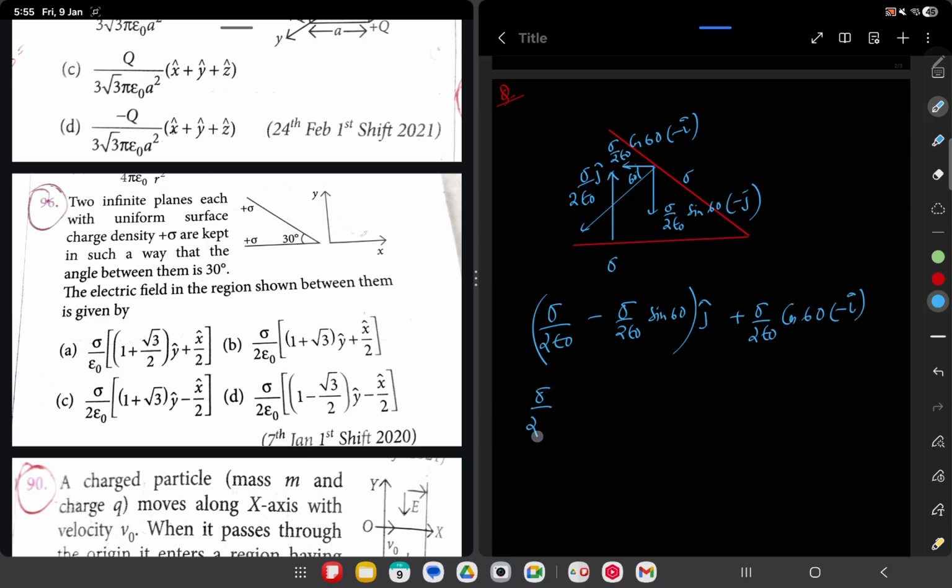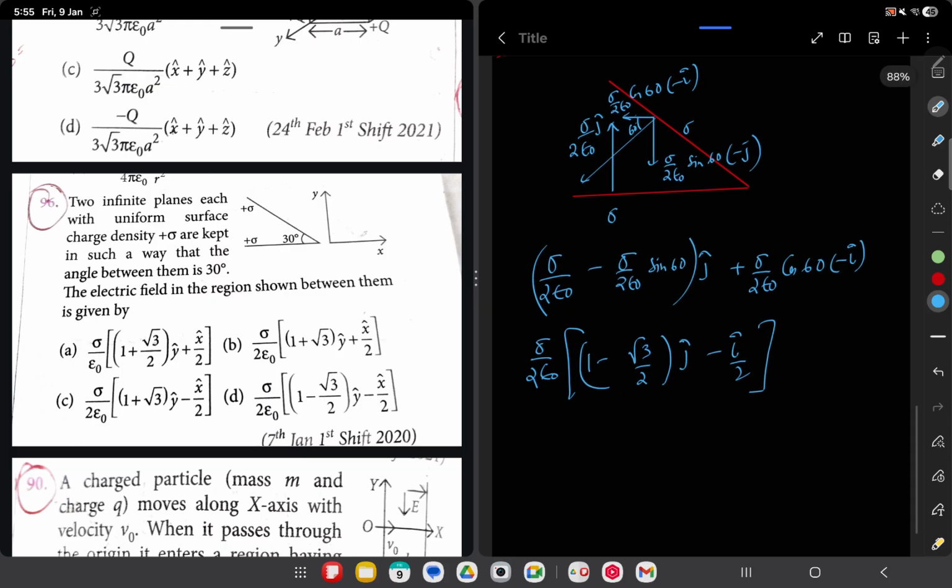So sigma by 2 epsilon naught you can take common, minus 1 minus root 3 by 2 j, 1 by 2, that is minus i by 2. Option 4 is your answer.